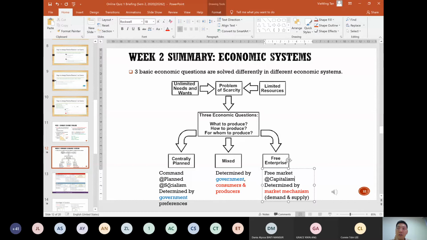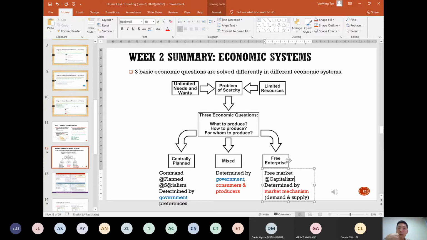The individual private firms and households, meaning the consumers or buyers, have no right to own any properties at all. They are not allowed to own any properties. Only the government can own properties. So what to produce, how to produce, and for whom to produce are all decided by the government under socialism.